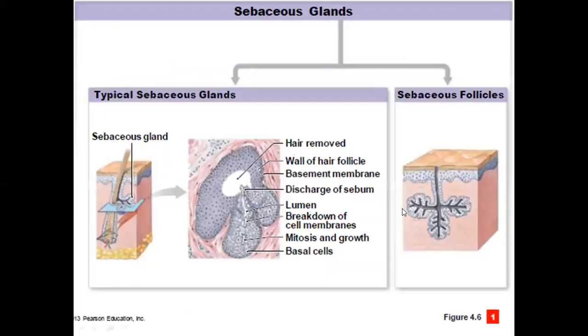This whole gland, these sebaceous follicles, look like a tree or an upside down tree to me. That sebaceous gland is kind of tree-like in shape, and it always has a duct that secretes that sebum into the hair shaft. So it's always associated with the hair follicle or very nearby.